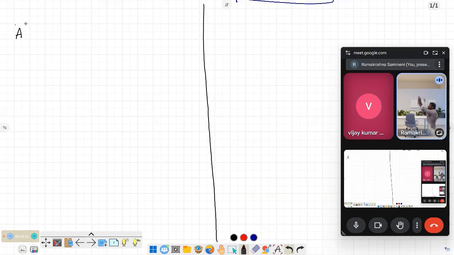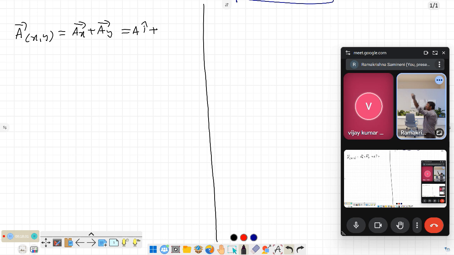If the vector is present between x comma y, in this case I am representing this one as ax vector plus ay vector. That ax vector I can write as a into i cap plus a into j cap. This we are indicating with a bar. Like this also we can.